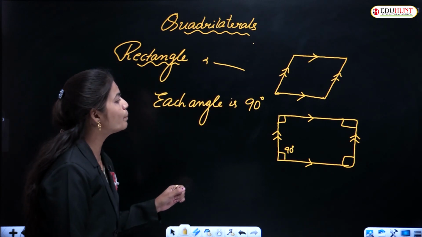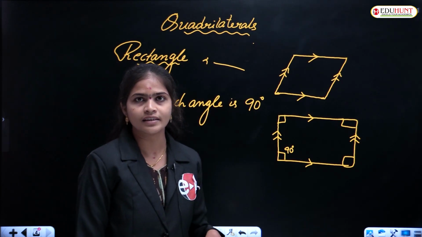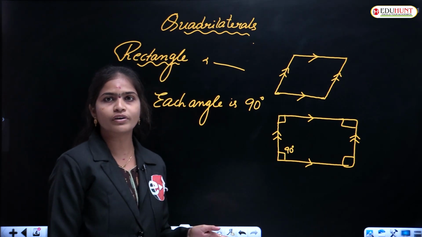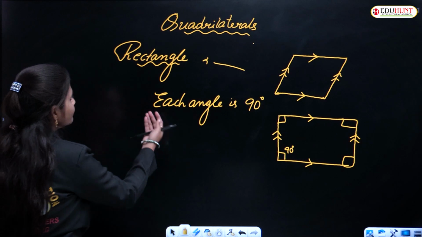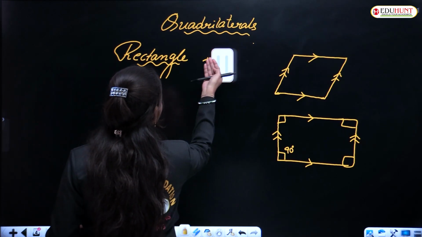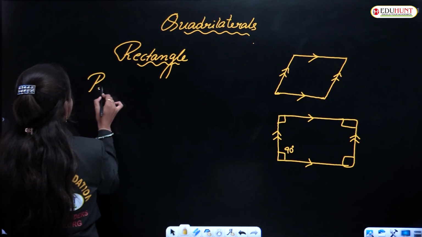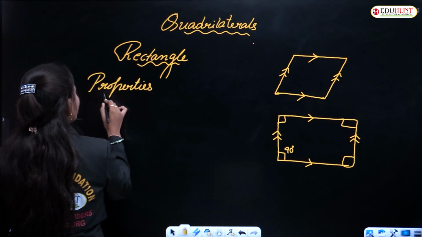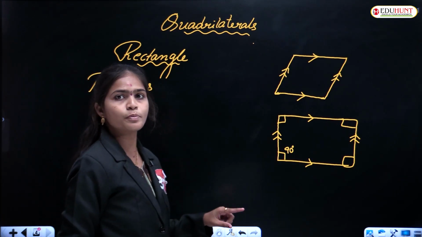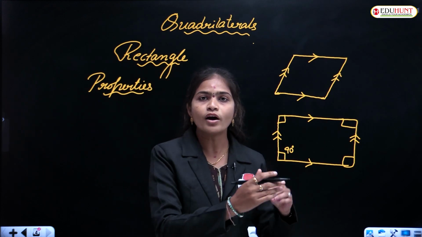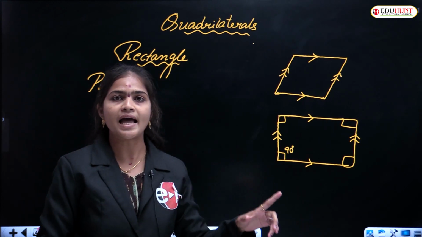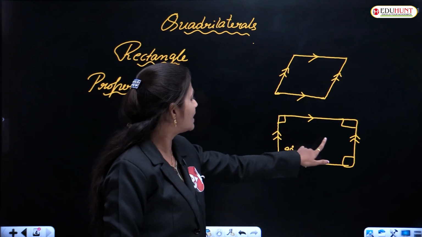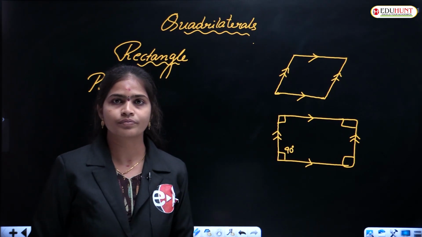Now we have the properties of a rectangle. After completing the definition, we directly go to the properties. All the properties we discussed for the parallelogram also relate to the rectangle.